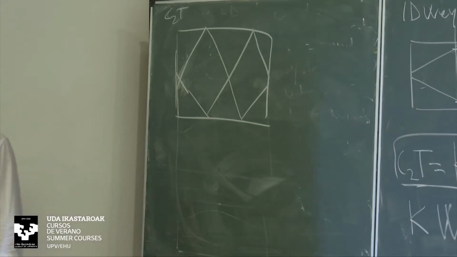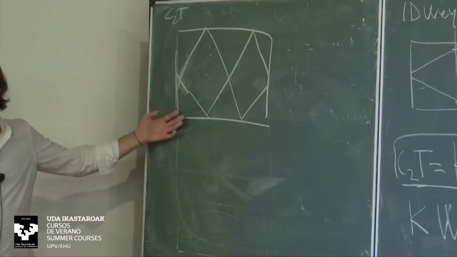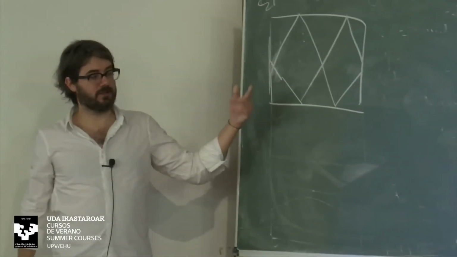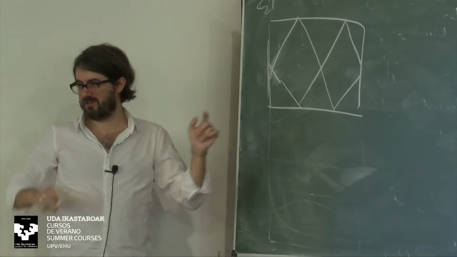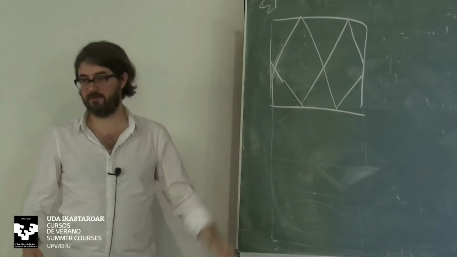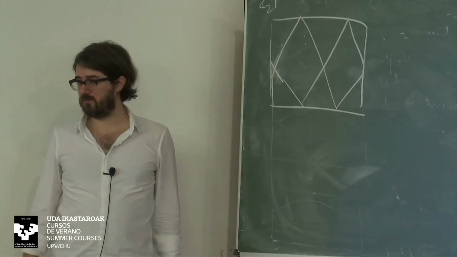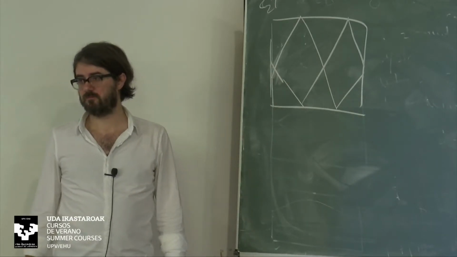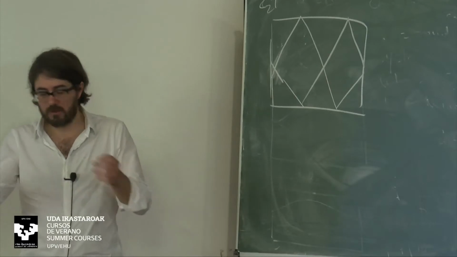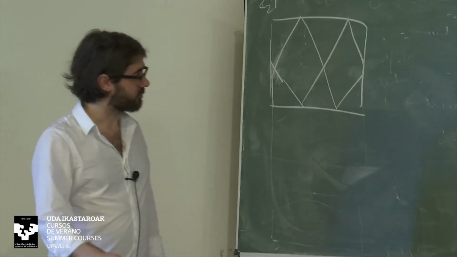And what's the winding here? Well, you've got winding in the positive direction and winding in the negative direction. But what is it? 2, or -2, depending on how you count it.